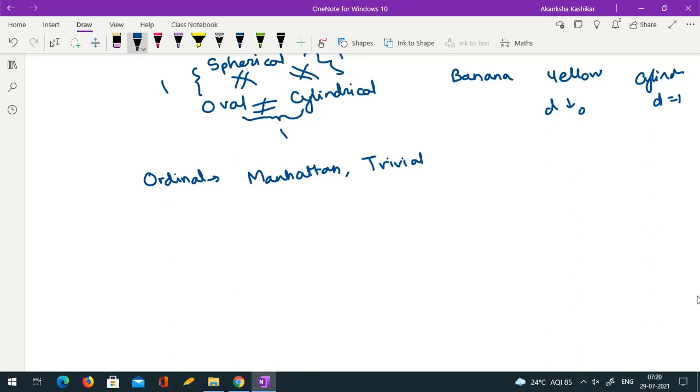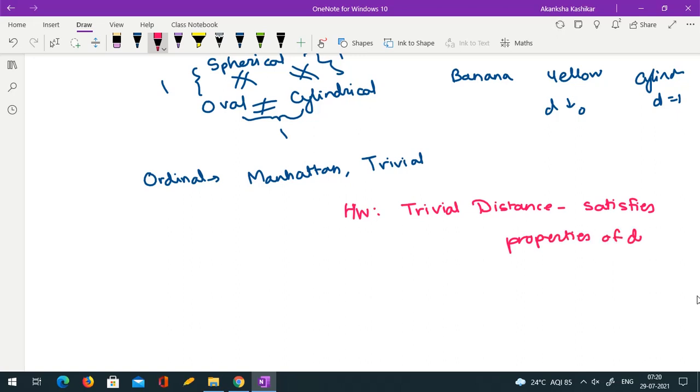Now your homework is to check whether this trivial distance or 0, 1 distance satisfies the properties of a distance function. All the 4 properties. You must have done similar examples, right?